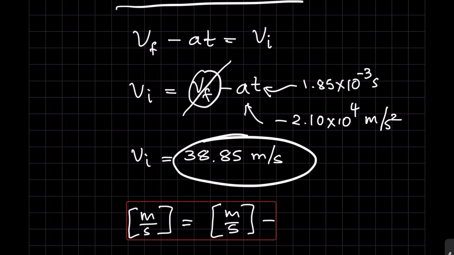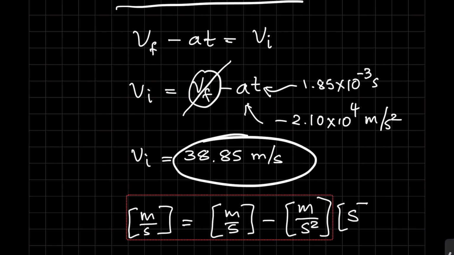And then we put in an acceleration, meters per second squared, and then the time was in seconds, right? So notice that you have consistency on the left-hand side and the right-hand side. So on the right-hand side, seconds cancel, right? So this is really meters per second, and then meters per second on the left-hand side too. So that should be the case.